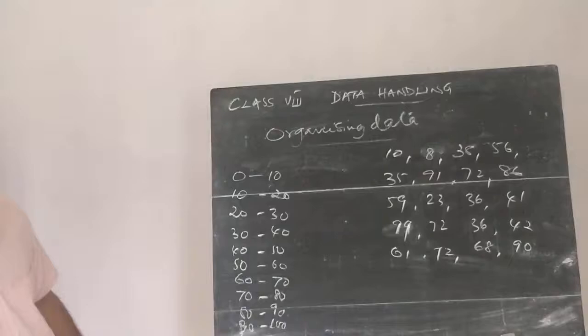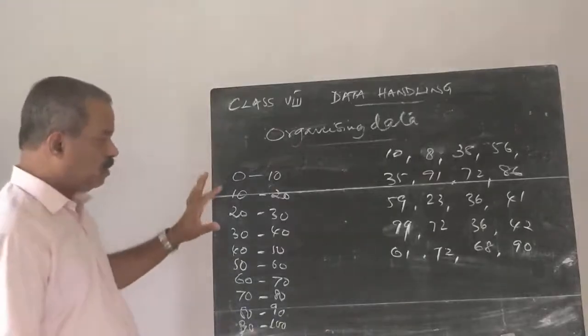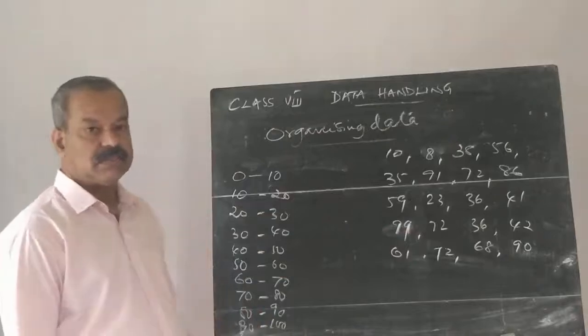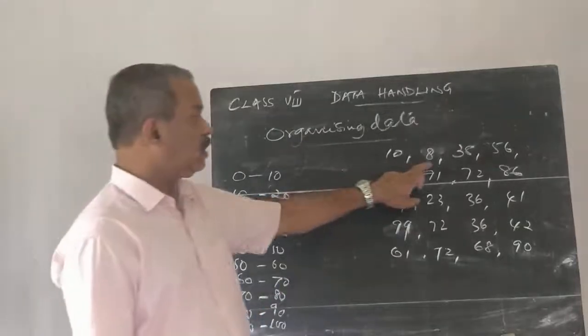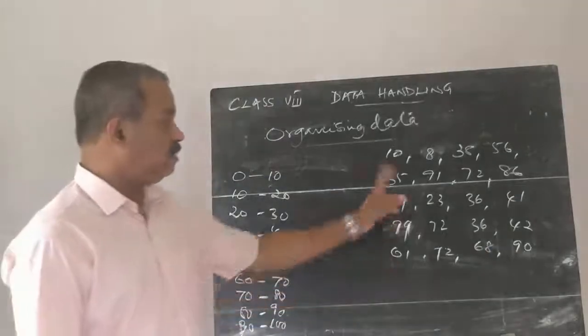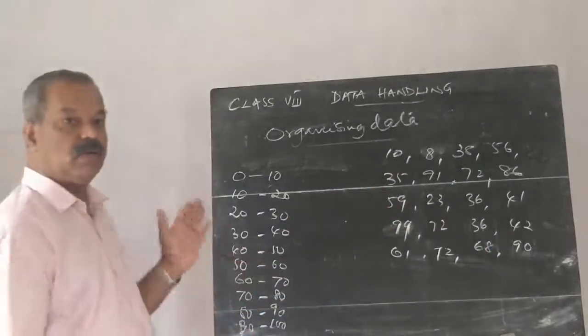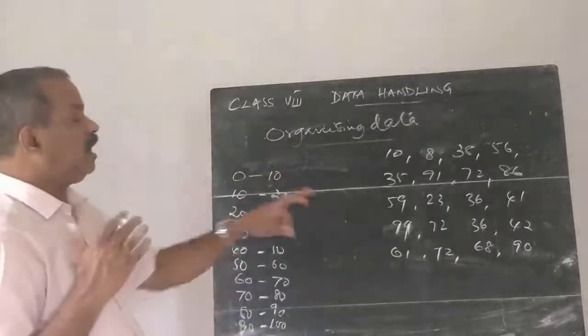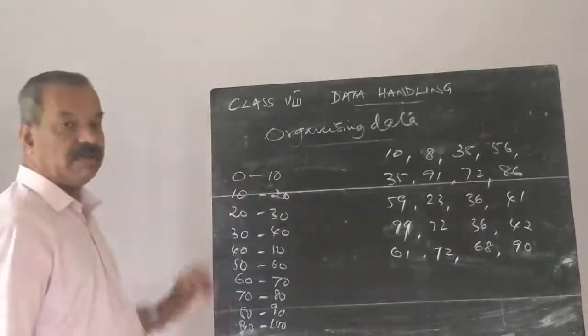We can make small groups of these numbers from 0 to 100, because the least score here is 8 and the highest 99. So we must include 8 and 99 in different groups.